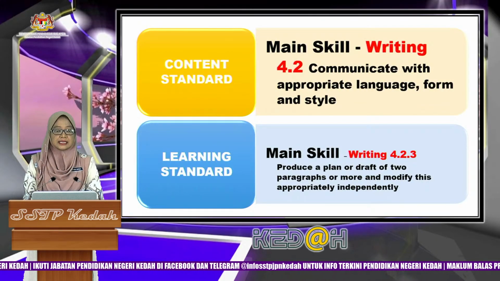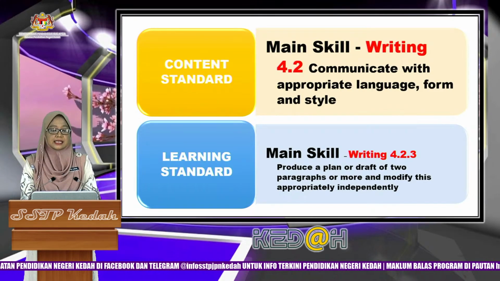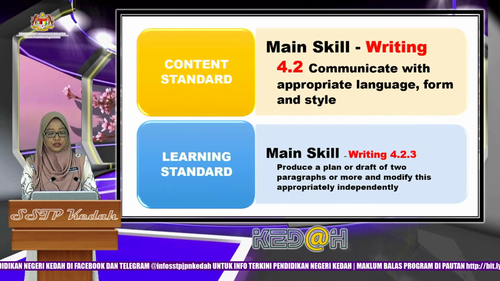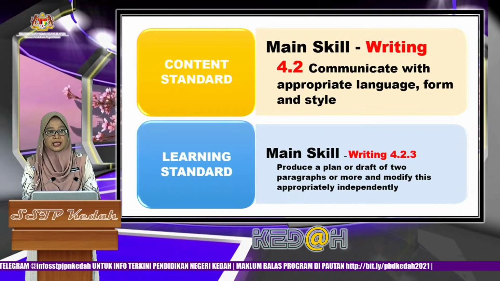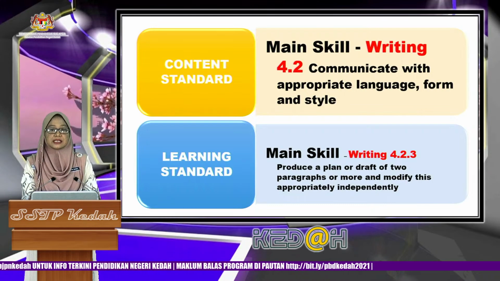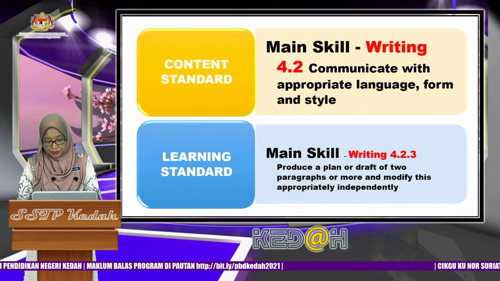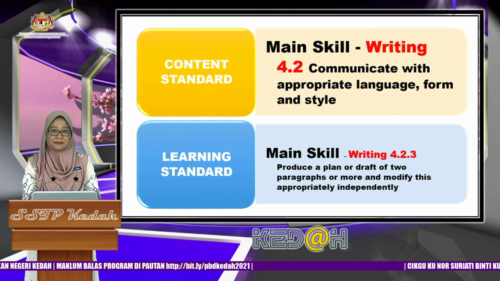So the main skill, the content standard for this lesson, is Writing 4.2, Communicate with Appropriate Language, Form and Style. And the learning standard is Writing 4.2.3, Produce a plan or draft of 2 paragraphs or more and modify this appropriately independently.